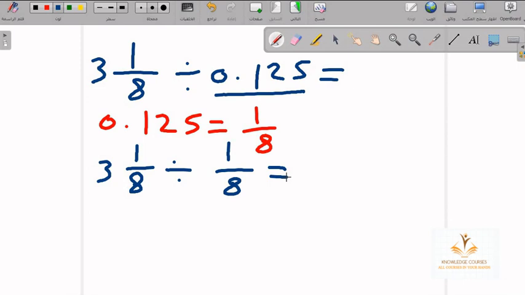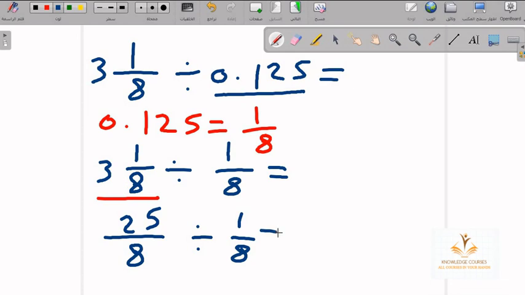So we can change the mixed number to a fraction. That's 3 multiply 8 equals 24, 24 plus 1 equals 25 over 8, divide 1 over 8.